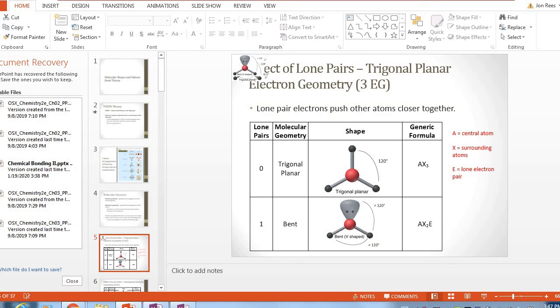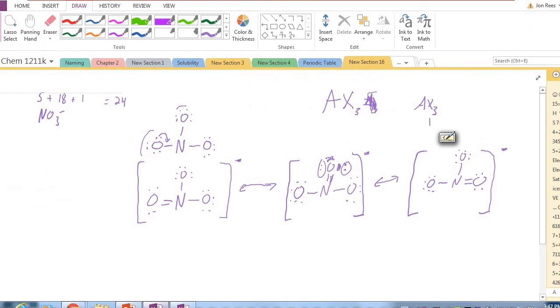Okay, now let's go back and look at our resonance structure here. These resonance structures would be actually very, very equal. So if I was to draw kind of what this would really look like in real life, then we actually have a resonance structure that looks like those bonds are sharing all throughout here.